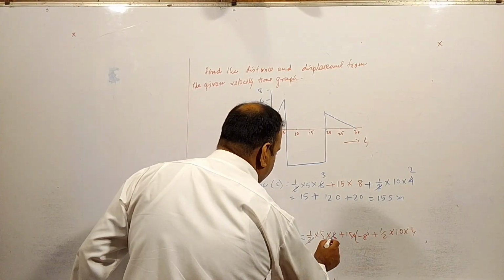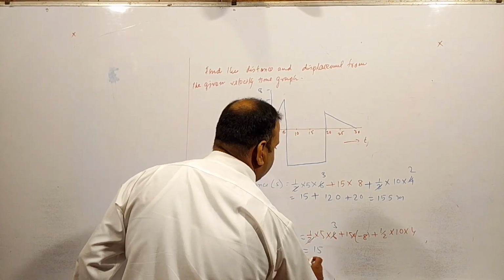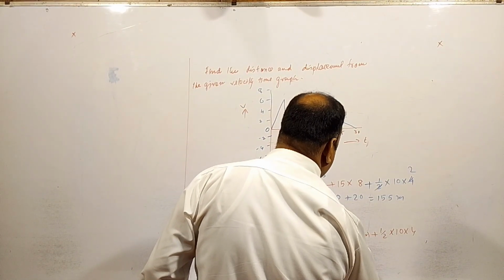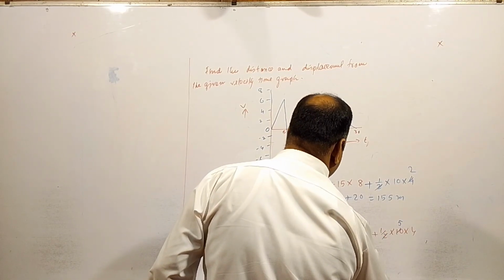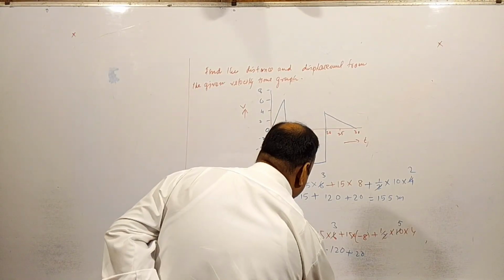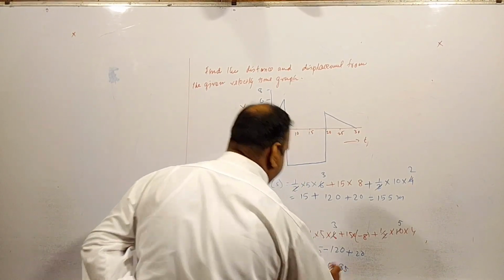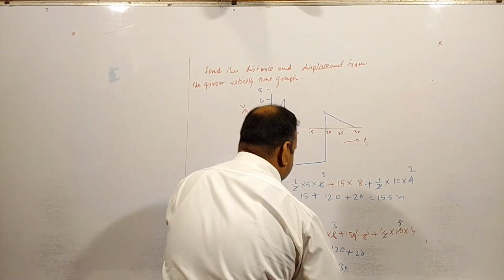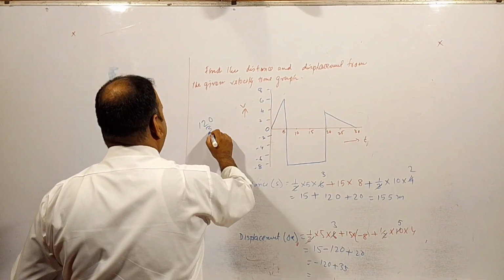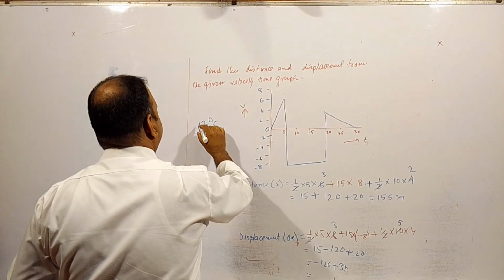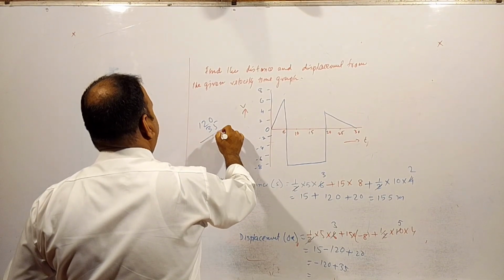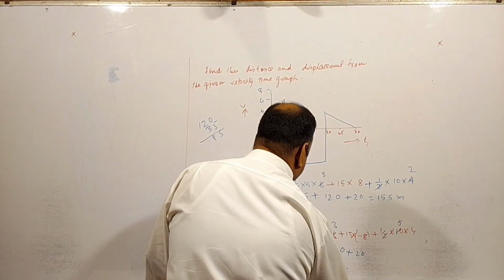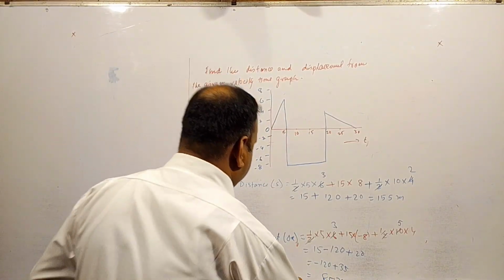For displacement: 15 minus 120 plus 20, so minus 120 plus 35, which gives minus 85 meters.